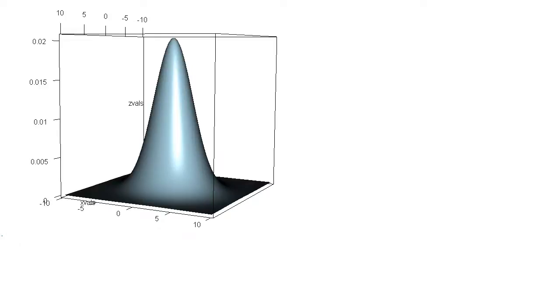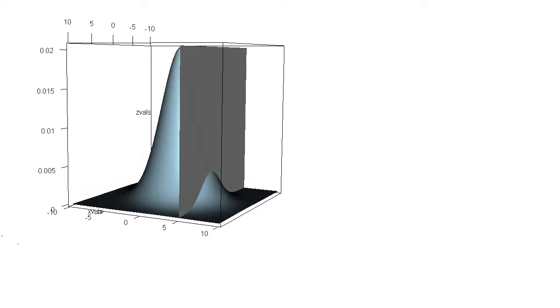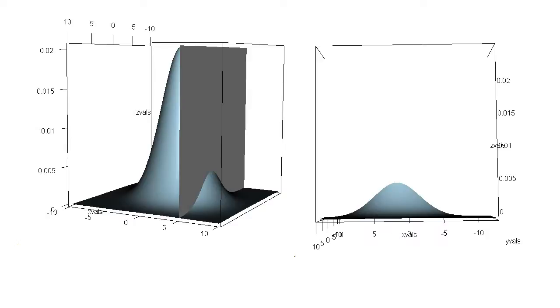Well, what does it mean to get the conditional density of x given that y takes a particular value? The event that y takes a particular value, that's sort of like a plane. Let's say y is 5, at the point y equals 5, that's a plane. And that plane slices through this surface and yields a function. That function is just f of x comma y evaluated at the point 5, f of x comma 5.